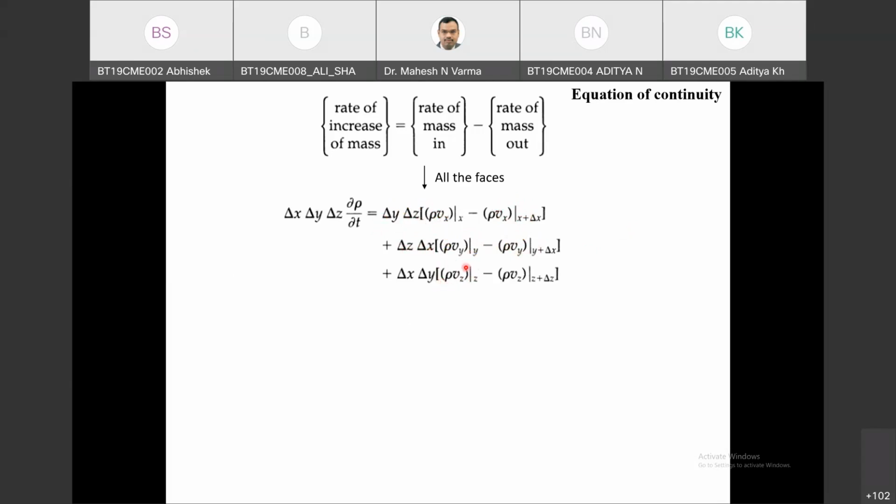This is the mass coming in the z direction and mass going out in the z direction. Delta x, delta y is taken common. So this will be the rate of mass coming in minus the rate of mass going out in all three directions, all faces. And this will be the accumulation of mass, the rate of increase in mass, del x, del y, del z, d rho by dt.